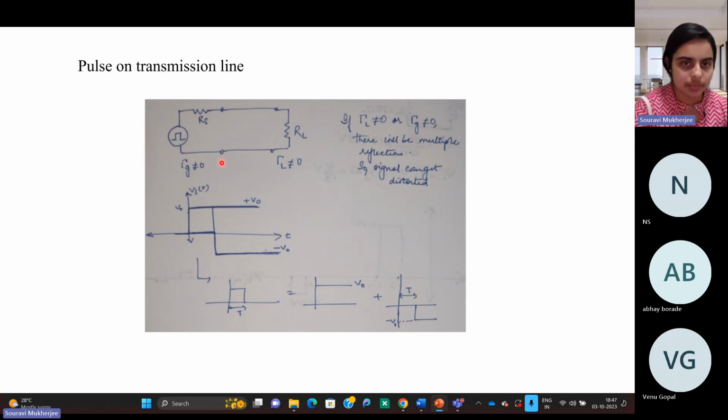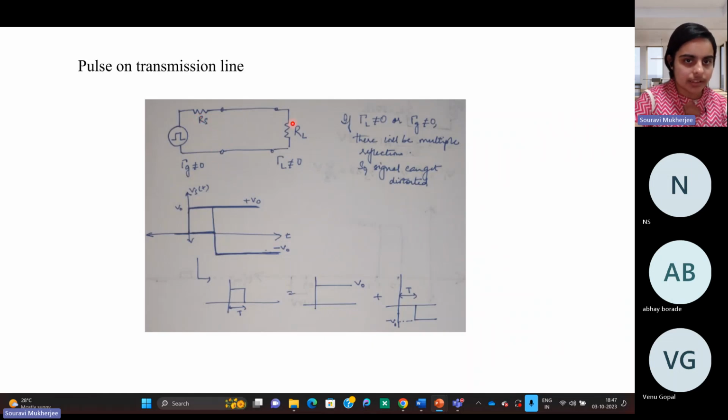Basically, you have some load. Consider that for now it's a resistive load. Then you have the source here, and in the source you're giving pulses to your circuit, so you have a pulse source here. At the source side there will also be some impedance, some resistance, given as RS.